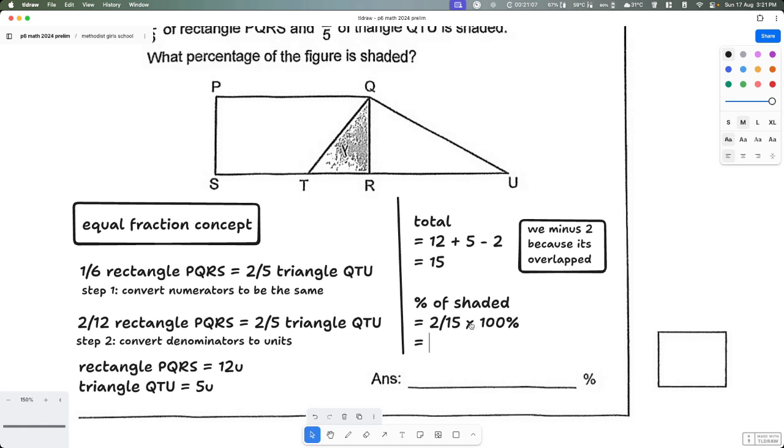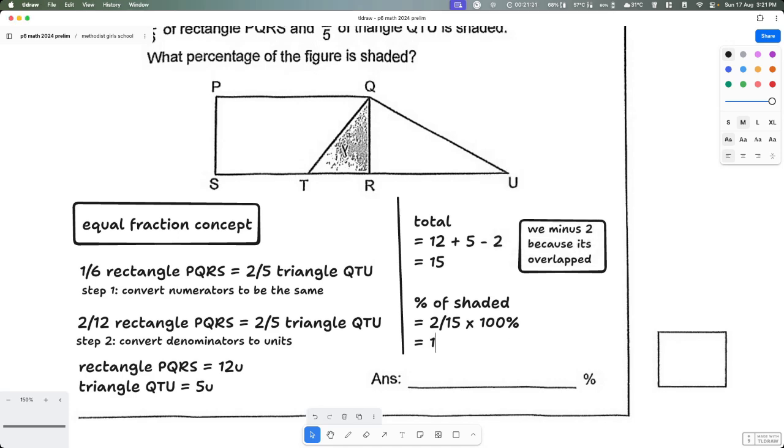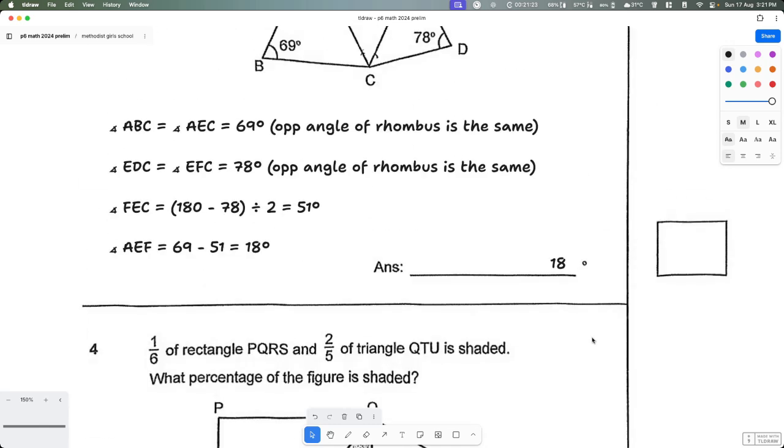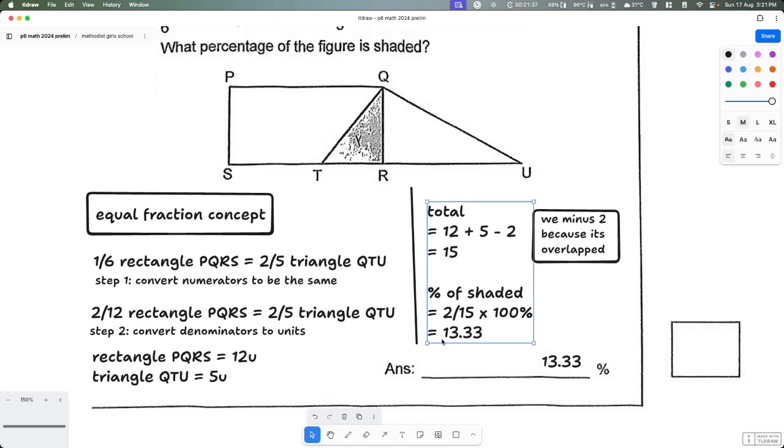If you calculate, 2 out of 15 times 100, it will be 13.33%. They didn't tell us how to round, but sure, I'm going to round to 13.33%. Okay, there you go. That's the answer.